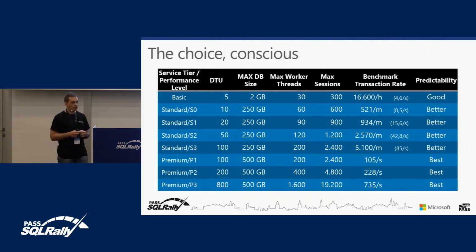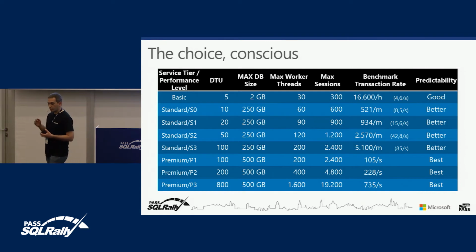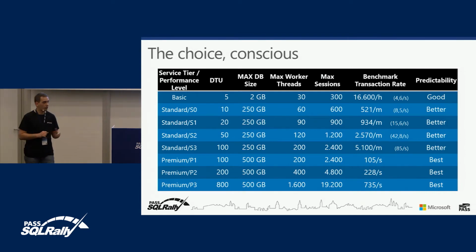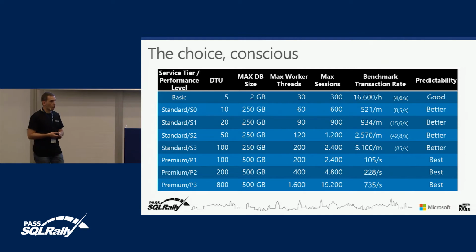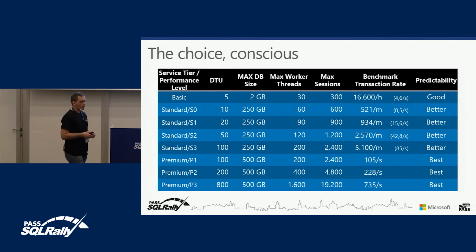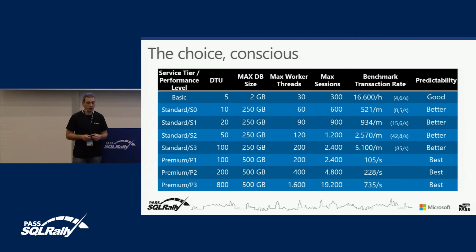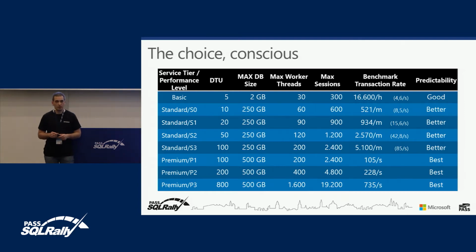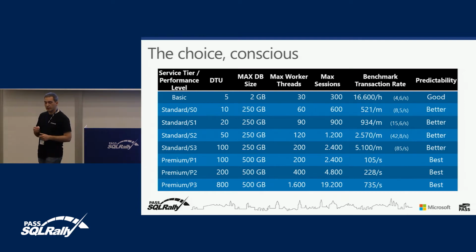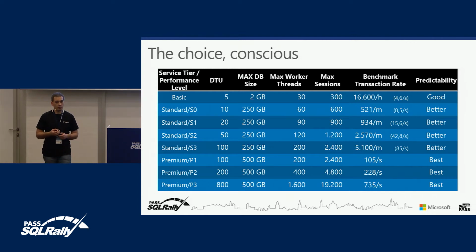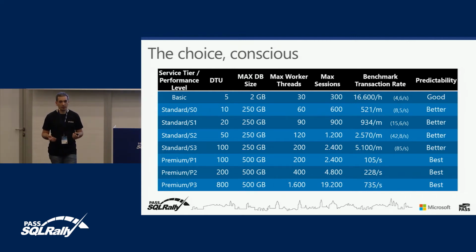With this simple table, you can see all the performance levels of the service tiers. And there is an important column called DTU, as database throughput unit. It's a simple number, but it represents the set of features of the server about the size.